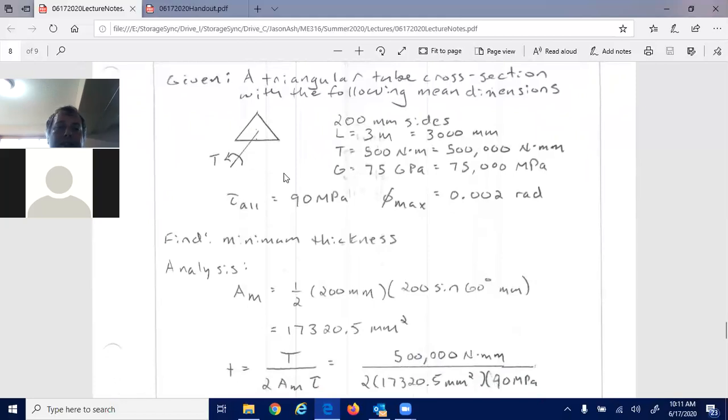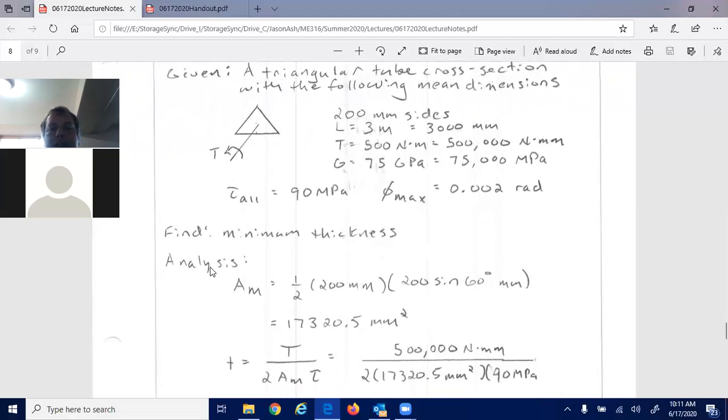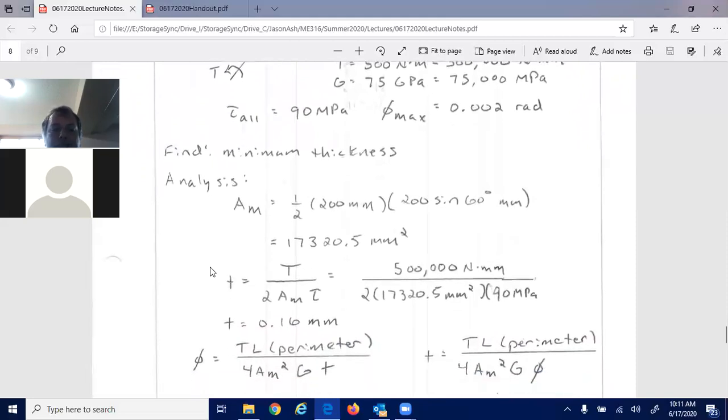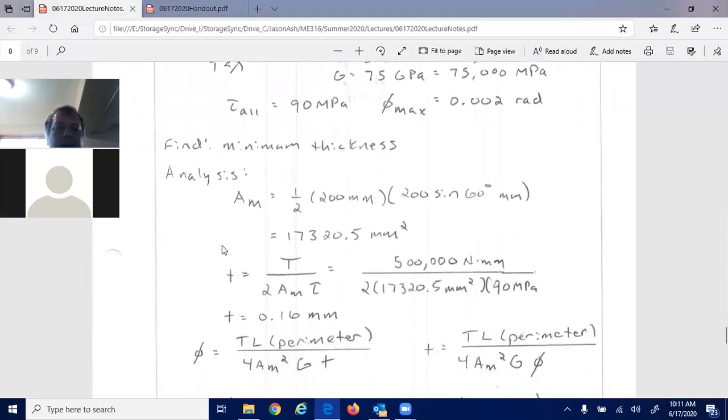And so this triangle represents the mean line, the actual triangle material, the thickness would be equally split across that shape. And so analysis using the shear flow method, again, this is the process that you would go through. We can calculate the mean area pretty easily. That's 1/2 the base times the height for the triangle.